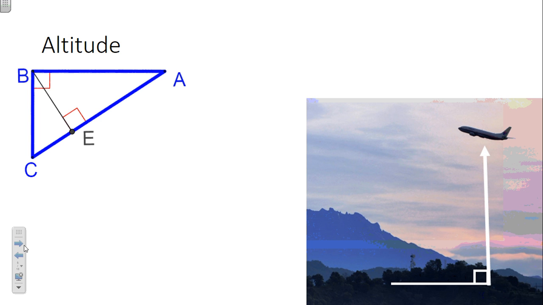Okay? So altitude is not about any old height, it's about the perpendicular height above the ground, or the perpendicular height from one vertex to the opposite side. So we're looking for, again, right angles.